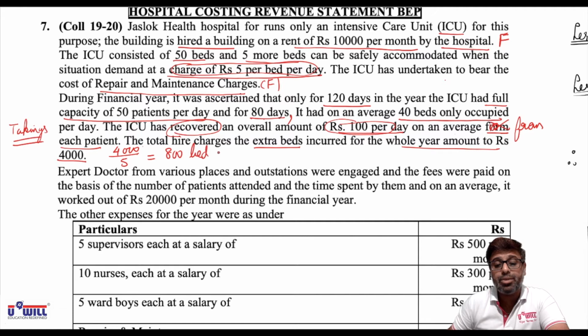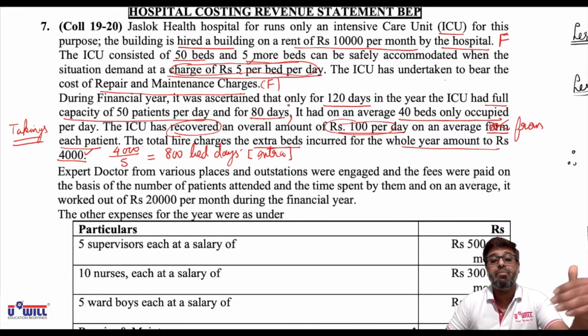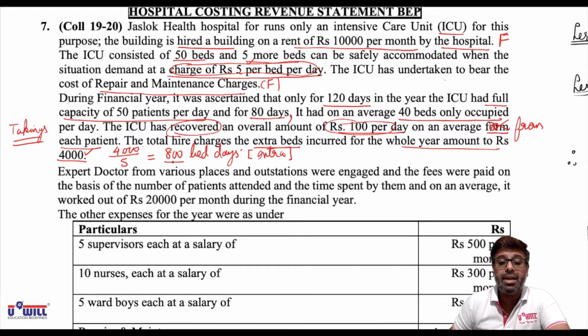Number of beds into number of days, that is bed days. We have recovered 4,000 rupees as higher charges of extra beds. The charges are 5 rupees per bed per day. It means how many bed days would extra beds have been taken? 4,000 divided by 5, 800 bed days.